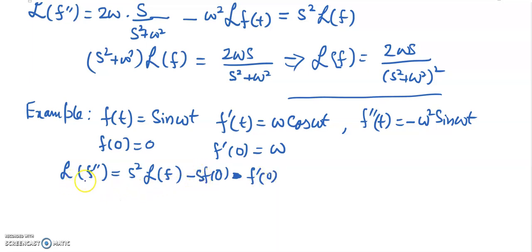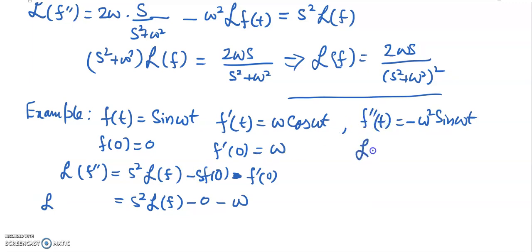So what is the Laplace of f double prime in this case? It is s square Laplace of f, and over here what we have is 0, and then minus omega. So f double prime is equal to minus omega square sine omega t.